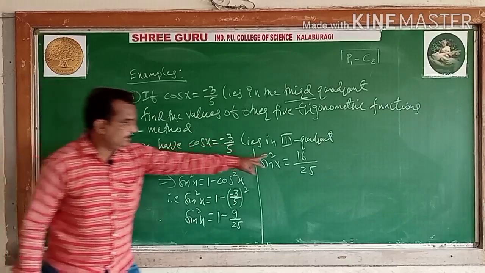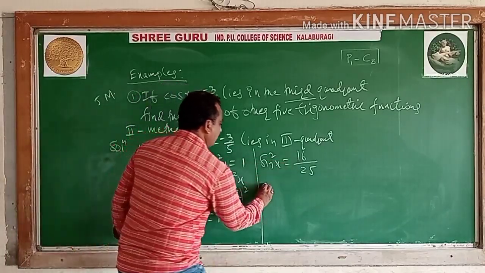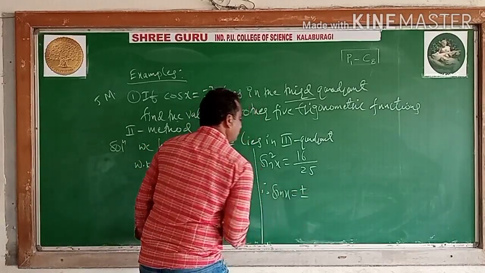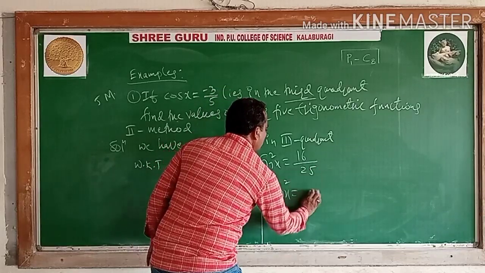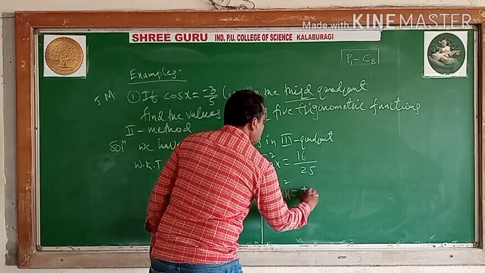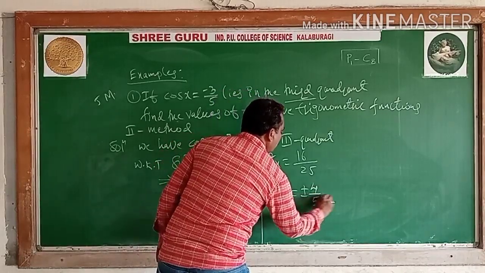Therefore sin square x equals 16 by 25, so sin x equals plus or minus 4 by 5.